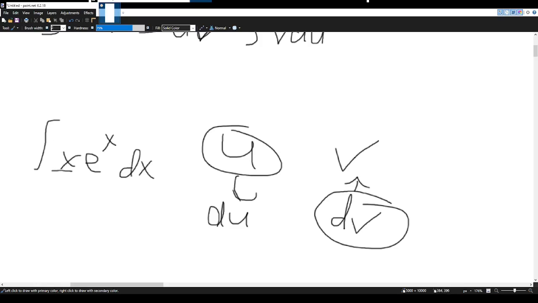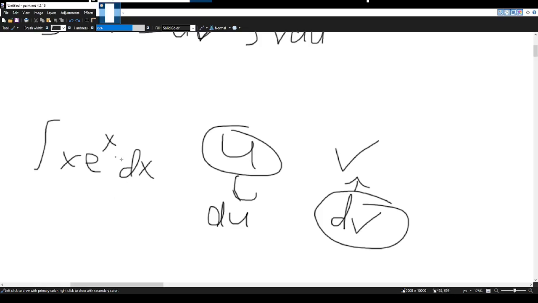You can do x and e to the x dx. You can act like there's a 1 here and do that and then these, or you can do these two together and just the dx. I would say just ignore the dx.